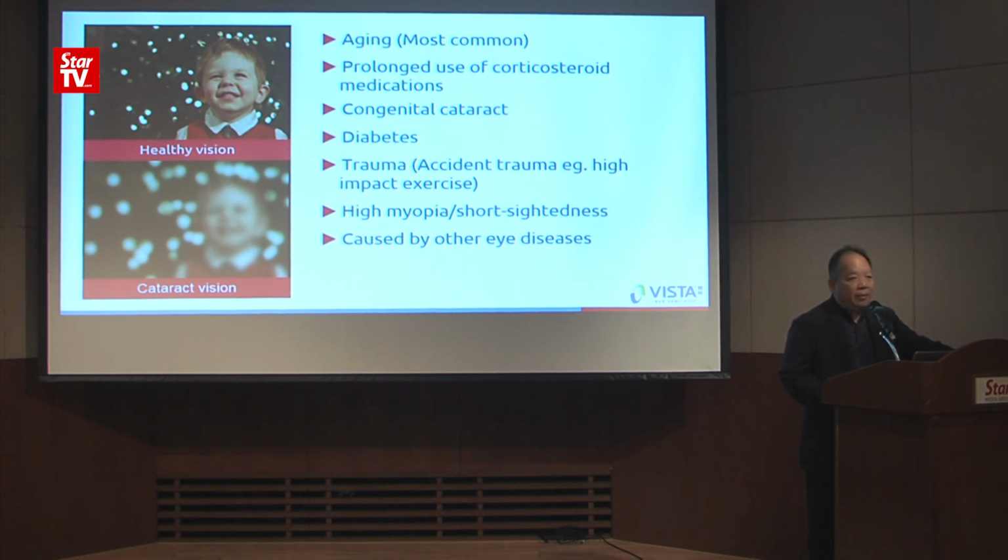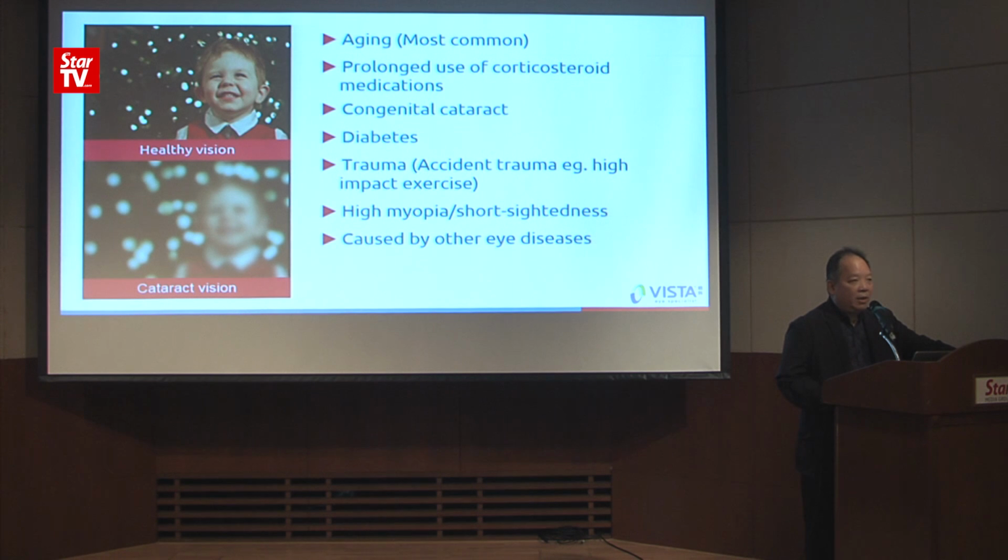Systemic diseases like diabetes are another common cause of cataract, especially at an earlier age. The average Malaysian with cataract surgery done is about 58 years old. Diabetics, even in their 40s, can already develop cataract. Other causes include trauma to the eye, whether it's blunt trauma like a punch directly on the eyeball, or a perforating injury like a nail hitting directly onto the eye, causing a perforation.